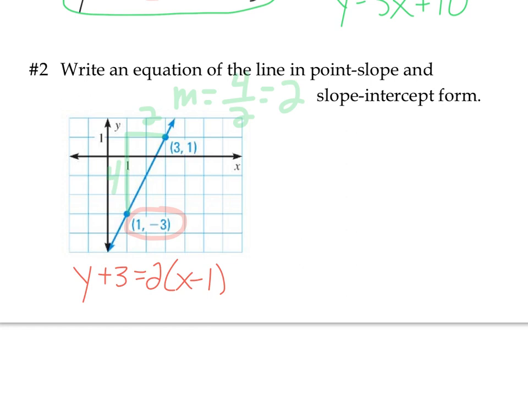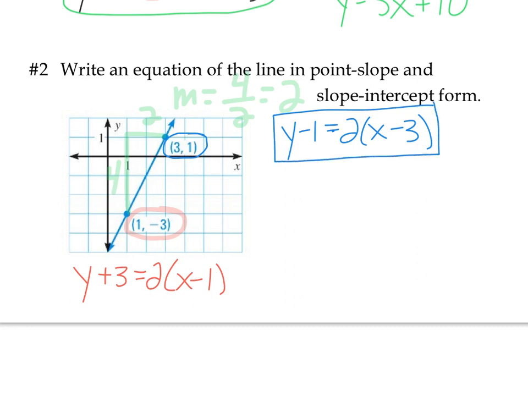Now let's write it using 3 comma 1. So if we do that, we're going to have y minus 1 equals, still a slope of 2, x minus 3. So these are both equations of this line in point slope form. Those would both be acceptable equations for this line.